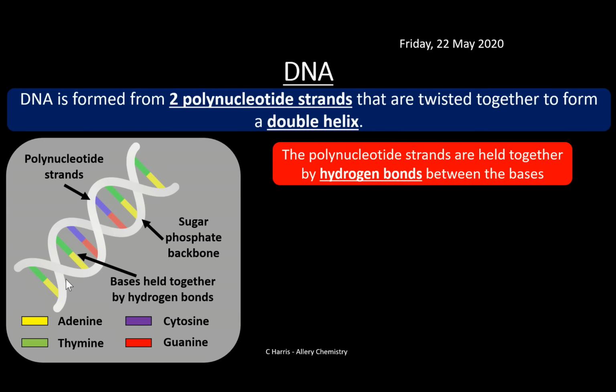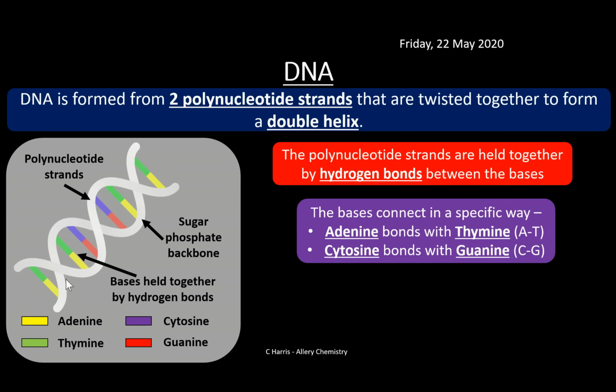Remember those bases sticking out, they actually start to interact with opposing bases on either side. Now, there's a particular order. One base will only interact with another base, so it's effectively best friends. Remember this: adenine bonds with thymine, which is AT. I remember it as the A-team.